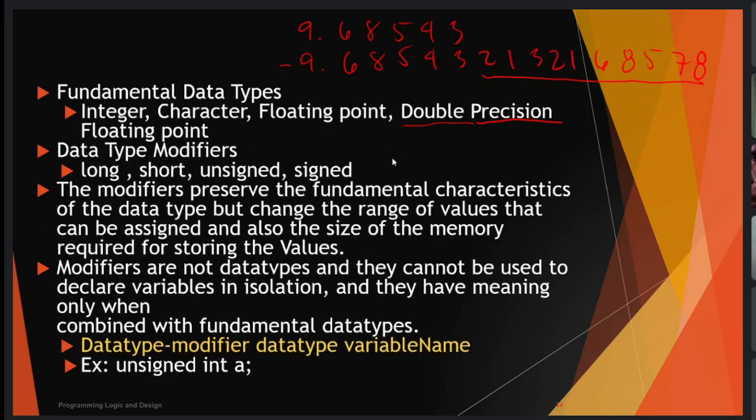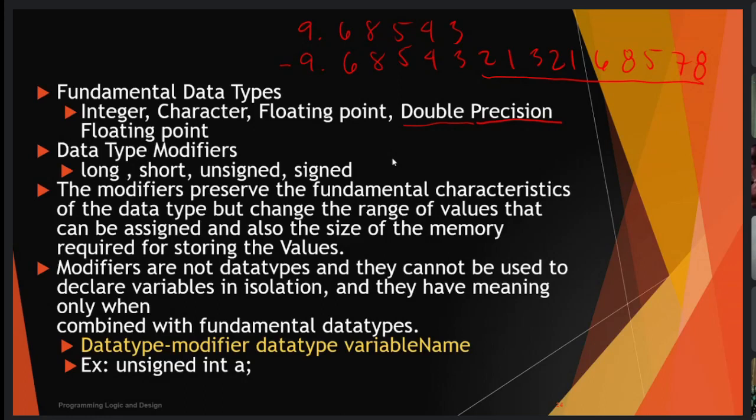Okay? So modifiers are not data types as indicated there. They cannot be used to declare variables in isolation. That means when you use long or short or the word unsigned alone, it cannot stand by itself. Usually, it comes with the fundamental data types, because as the name implies, it is used to modify the fundamental data type's storage capability.